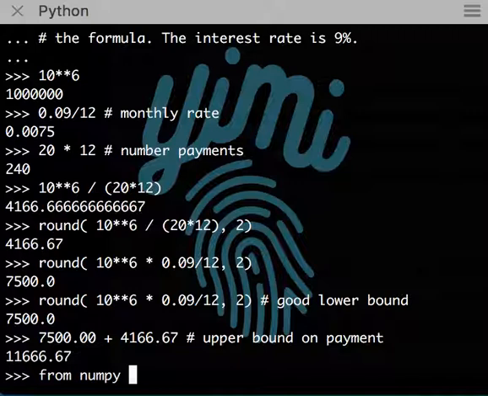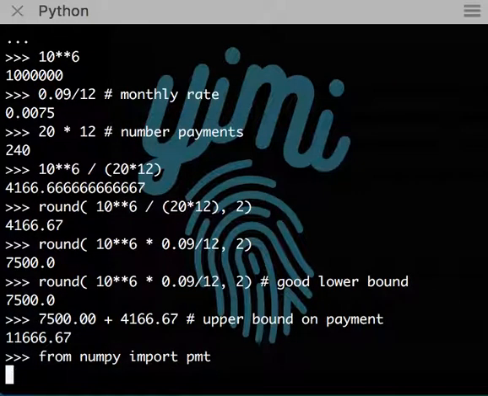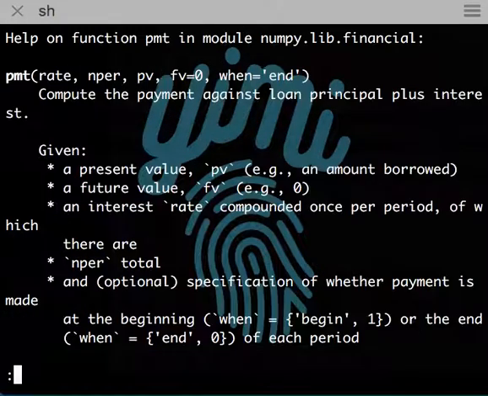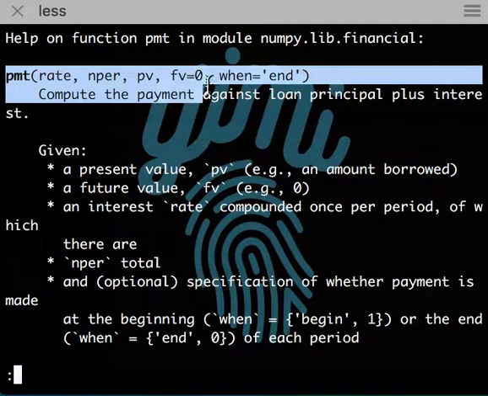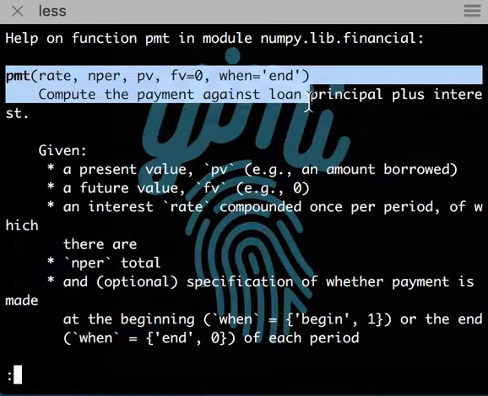This is a function which is called payment as well, or PMT, in Excel or most spreadsheets. Since I don't necessarily remember exactly how to use it, I go help PMT to see what the parameters actually are. So that function works with a rate, a number of periods, and then a present value. Present value is the loan amount.